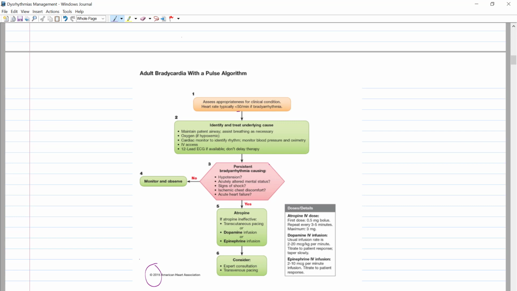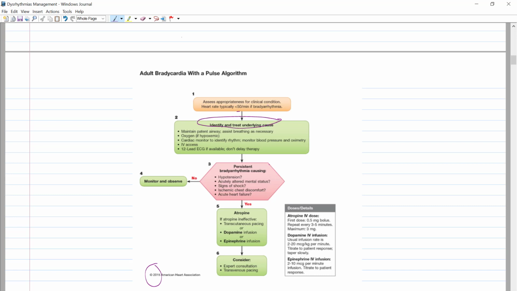And as a nurse, you really have to be updated all the time, and you have to know the current clinical practice. So, for sinus bradycardia, if your patient is symptomatic, you have to identify and treat the underlying cause.